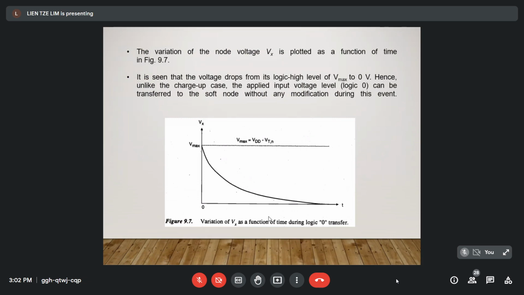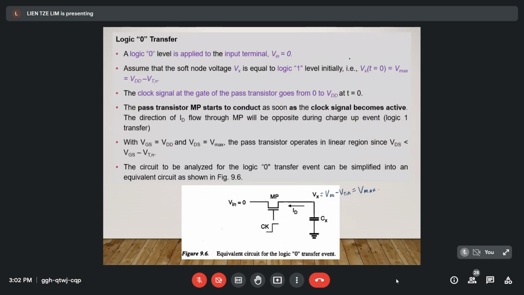And then the graph of this logic 0 transfer. You see that initially Vx, at the node of the transistor, is high; it is already mentioned that Vx initially is Vmax.